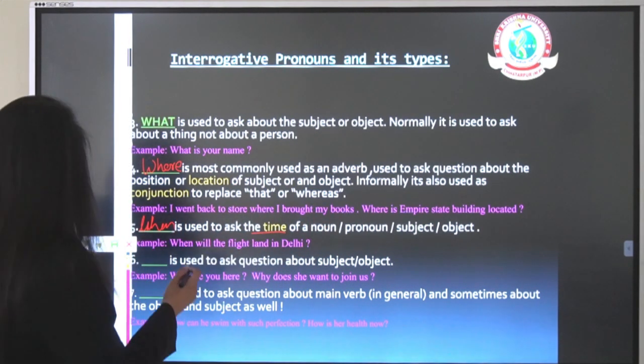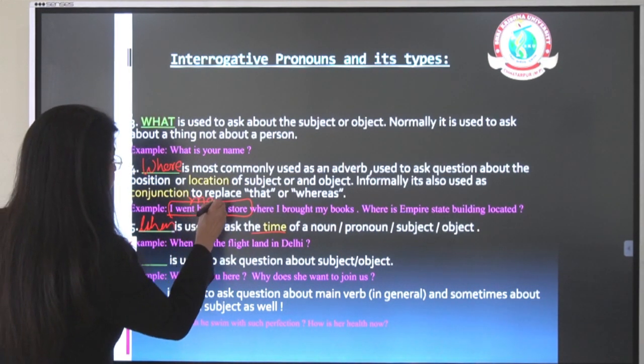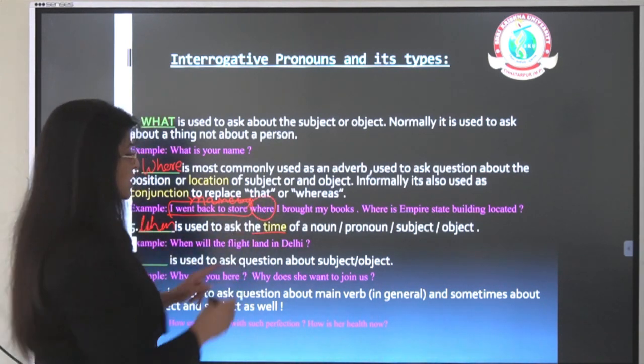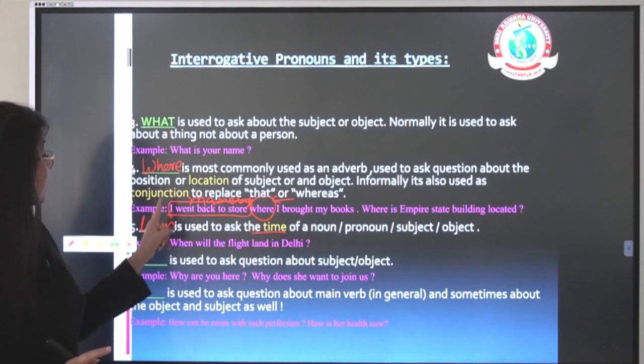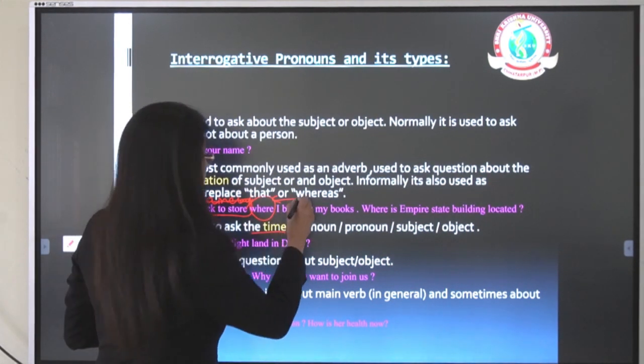Now see, I went back to the store is a main clause, and this where is put in between, so this is serving as a conjunction. This is not serving as a question. So where is a conjunction here.